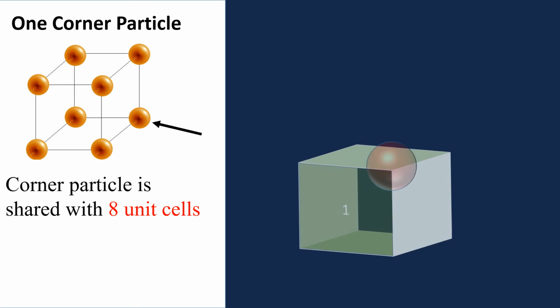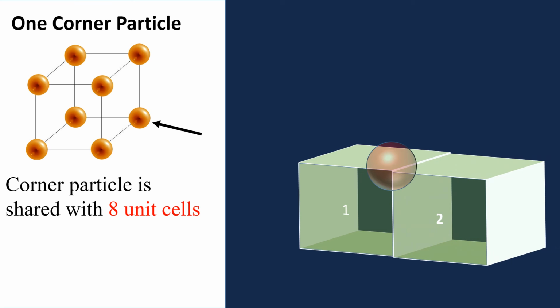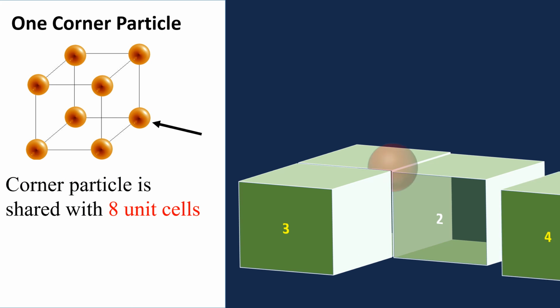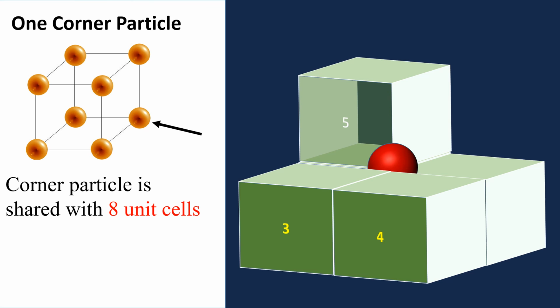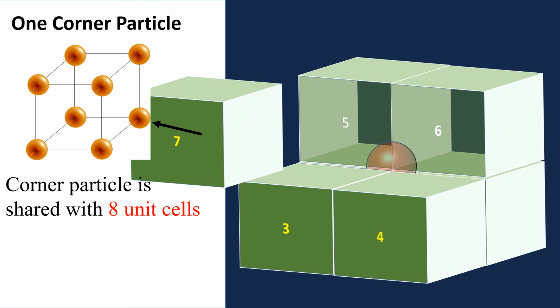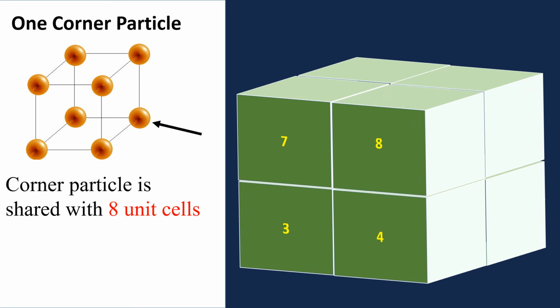Consider this as a corner particle, and this is a part of the unit cell 1. That corner is sharing it. Next unit cell, the next one, and the fourth one. So half of the particle is shared by 4 unit cells, and the upper part is also shared by 4 other unit cells.